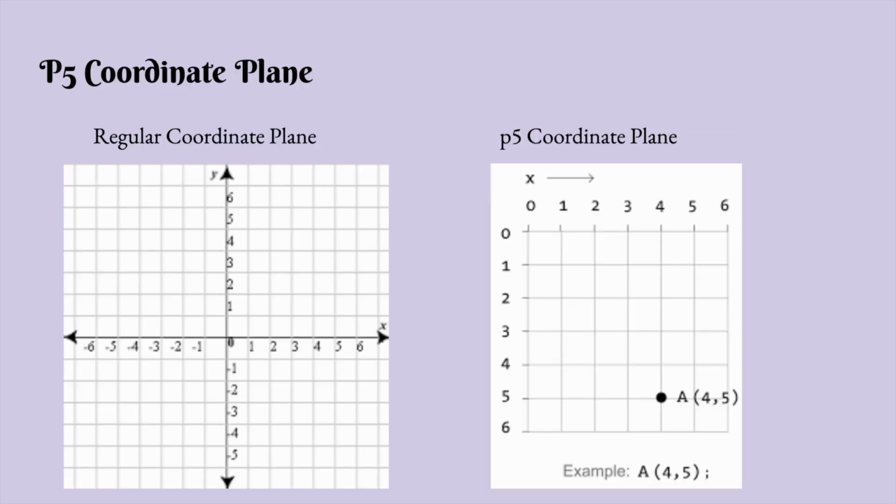Before we begin, let's talk about the coordinate plane. The regular coordinate plane, as we can see, goes 1, 2, 3, 4, 5, 6 as we go to the right. And then as we go up, the number gets larger. But for the P5 coordinate plane, 0, 0, or the origin, actually starts right here. So going right, it still gains numbers, but if you go down, that's how it gets bigger.